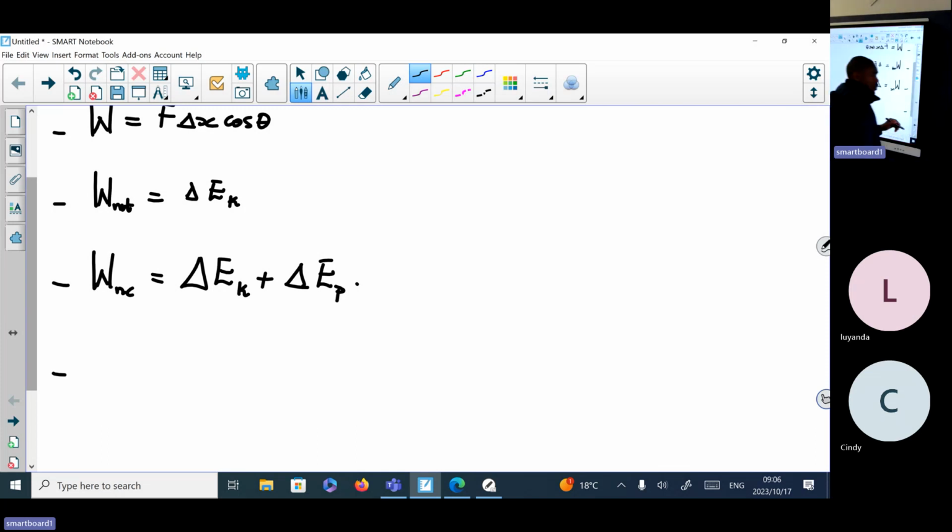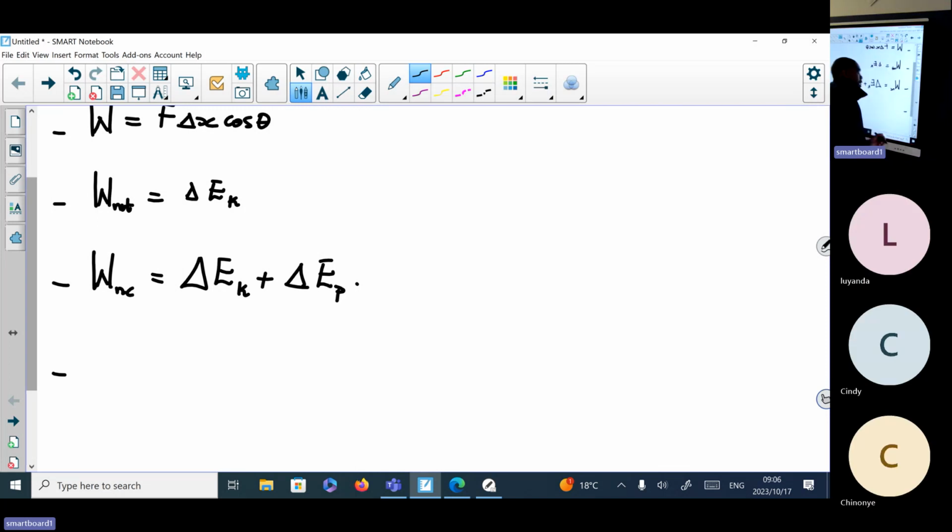Last but not least, we spoke about conservation of mechanical energy. When there are no non-conservative forces, we said mechanical energy is going to be conserved. And we said if I've got any two points, mechanical energy at A will be equal to the mechanical energy at B. These were the formulas as far as work and energy are concerned.